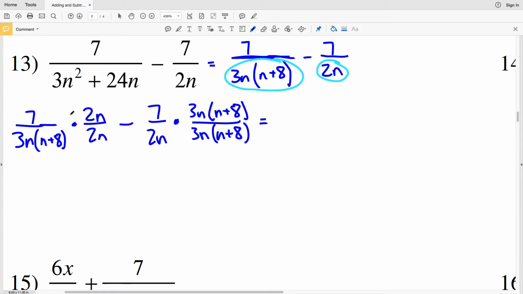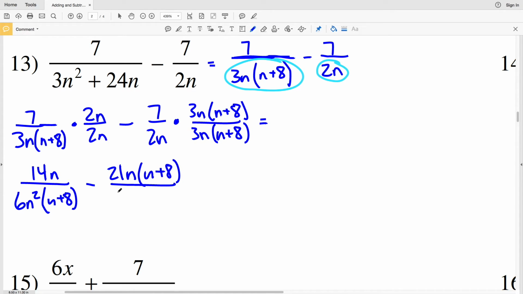So this would be equivalent to 7 times 2n is 14n, and that's over 6n squared times n plus 8. And then we'll subtract 7 times 3n, which is 21n, times n plus 8 over 6n squared times n plus 8.